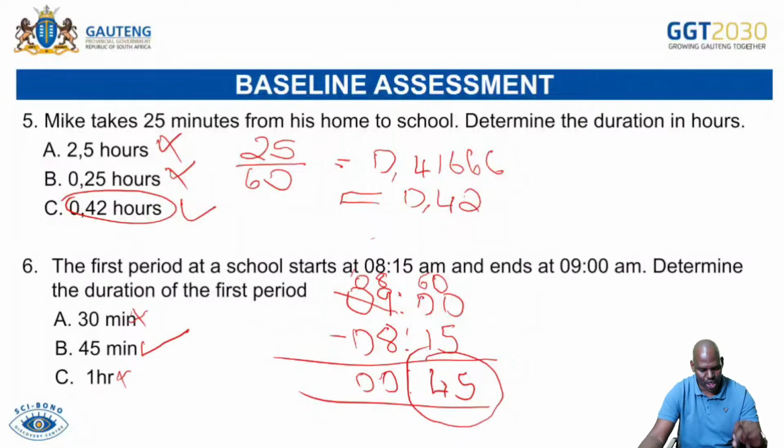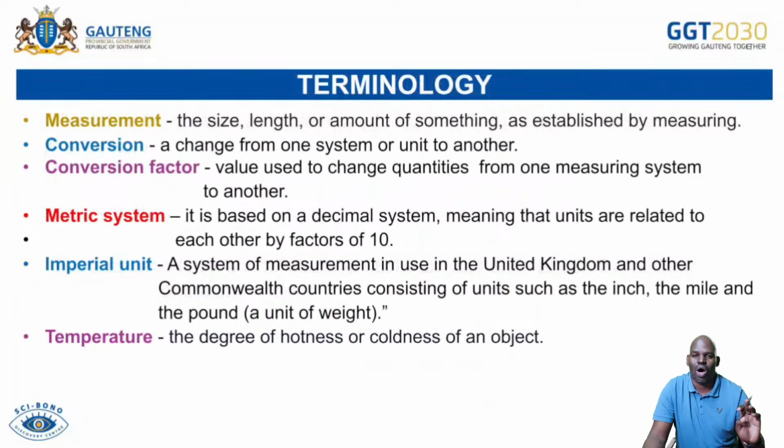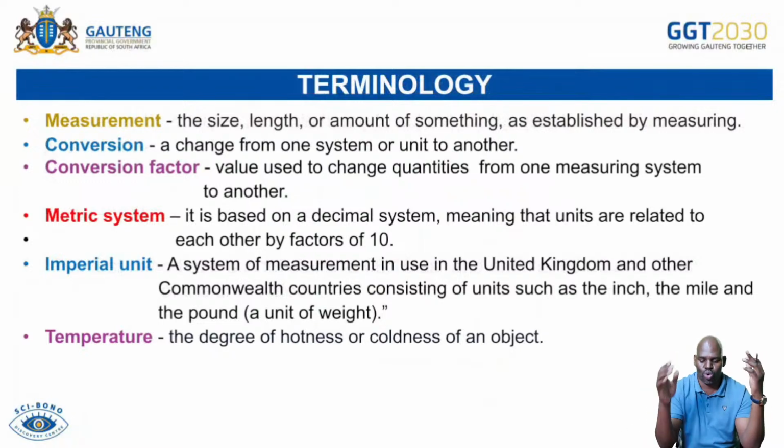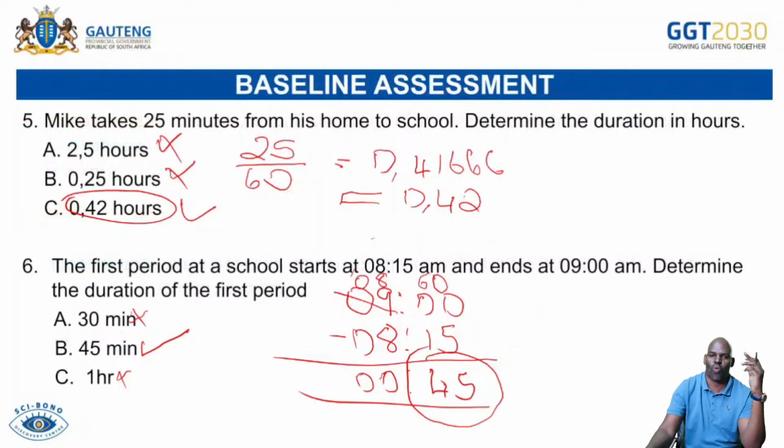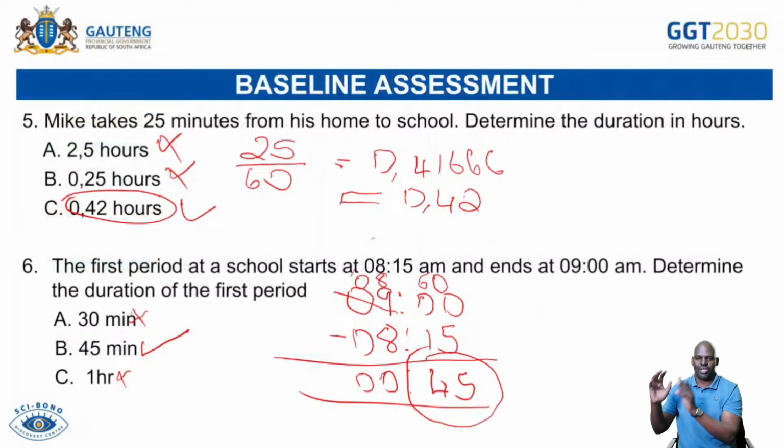Okay, so that was question number 6. Right, so those were the questions of the baseline. So we just had to quickly go through those questions to see what you know and what you don't know, and then understand even the educators at school level are actually doing the baseline with learners, to see what they know, especially about what they are going to learn in term 2.